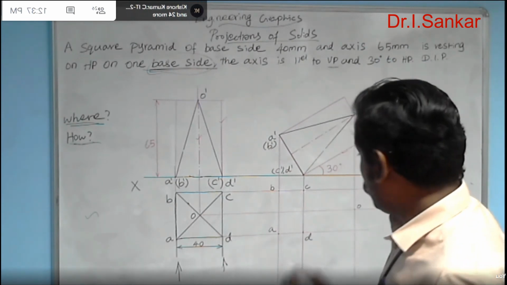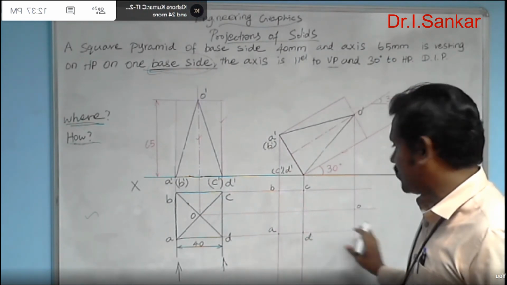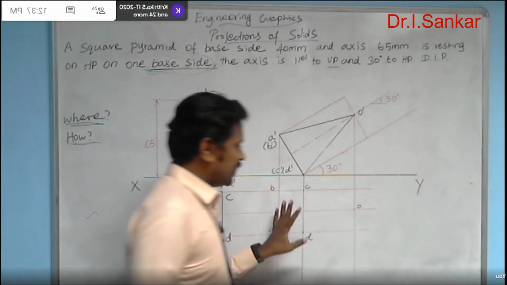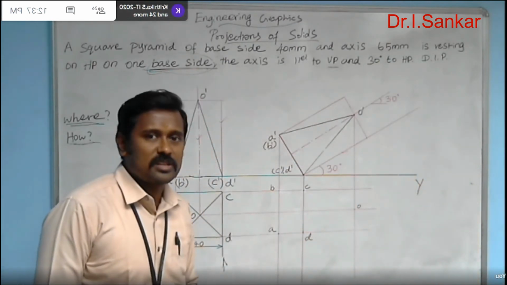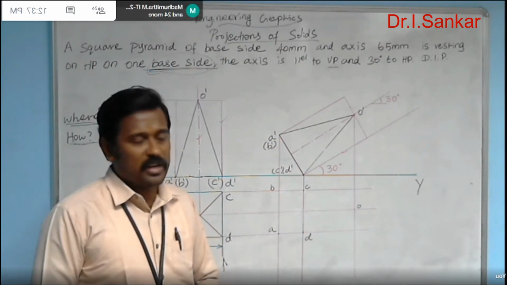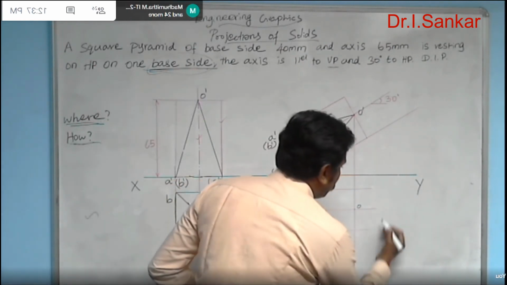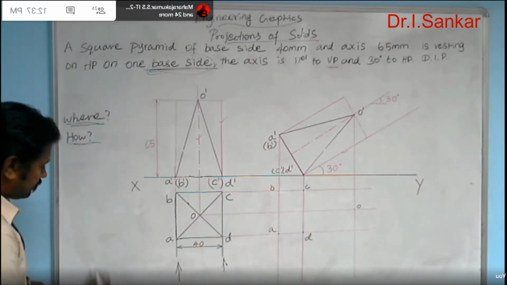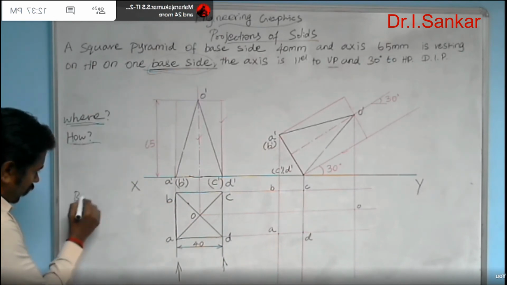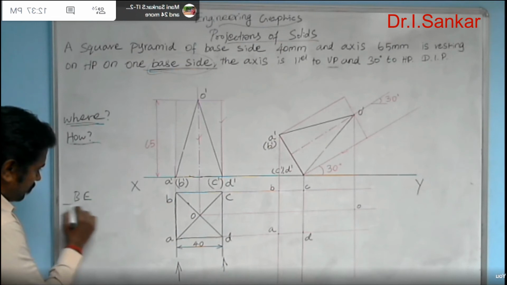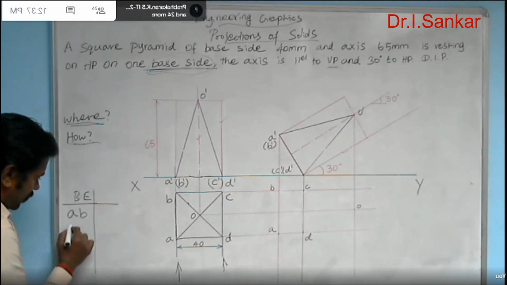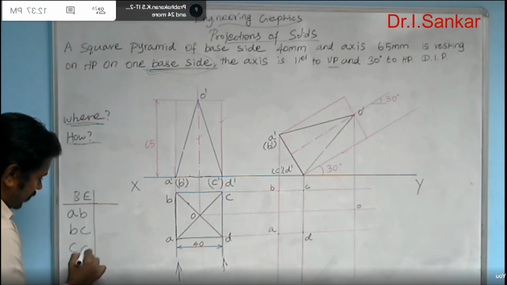Okay, and before that you have to have a list of edges in that solid. See, what are all the edges present in the solid? How many edges actually? 4 base edges and 4 slant edges. What are they? Just list them out. Let me do it here. Who are all the base edges? AB, BC, CD and DA.